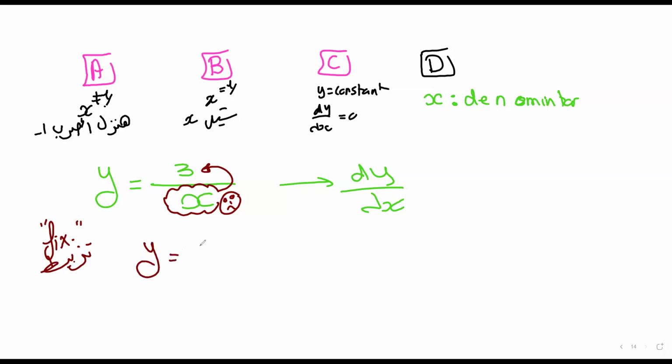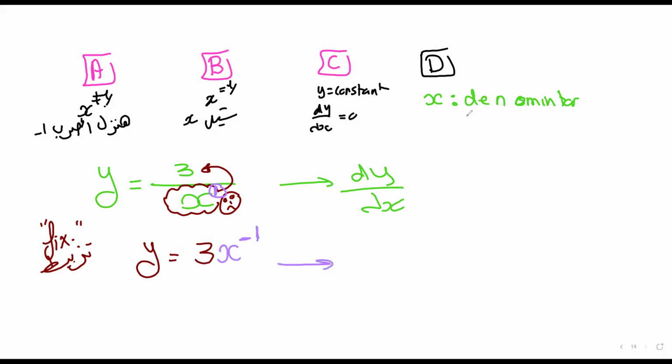The 3 remains as it is. Now since the x is a denominator, the power of x in the denominator is positive 1. All that I'm going to do is move the x up to the numerator. And as a result of this shift, what happens to the power of x? It changes from positive 1 into negative 1.